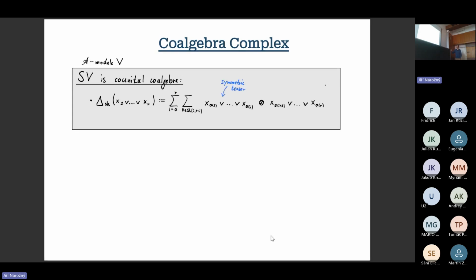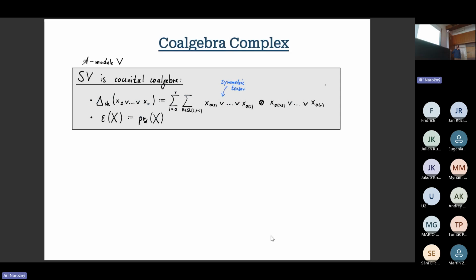We have the shuffle coproduct on the symmetric coalgebra, which is essentially given by splitting our element of the symmetric algebra into two parts, and then we symmetrize the first and the second part separately. This gives a cocommutative, coassociative coproduct on the symmetric algebra of V. Additionally, we also have the counit, which is just given by projecting to symmetric degree 0, so just to the underlying algebra.